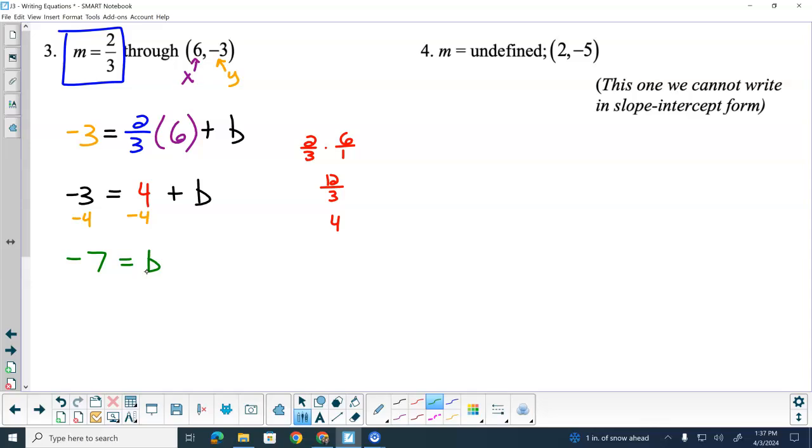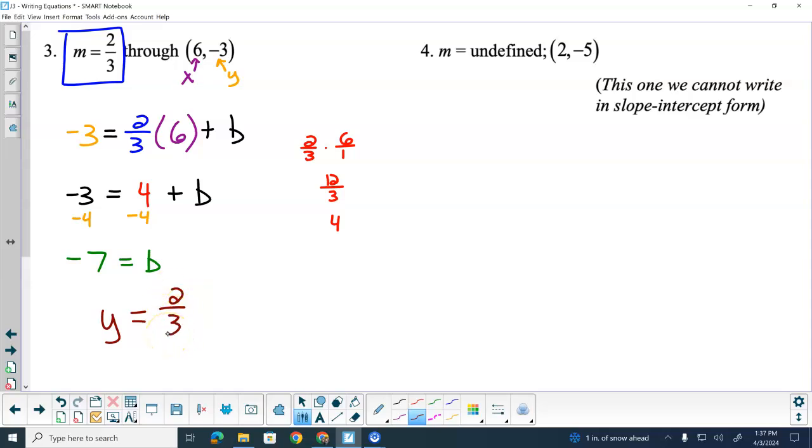Got an m? Yep, we got a b. Give me the y equals mx plus b then. What's it going to start with? y. Yeah. y equals, what's my m? 2 over 3, 2/3.